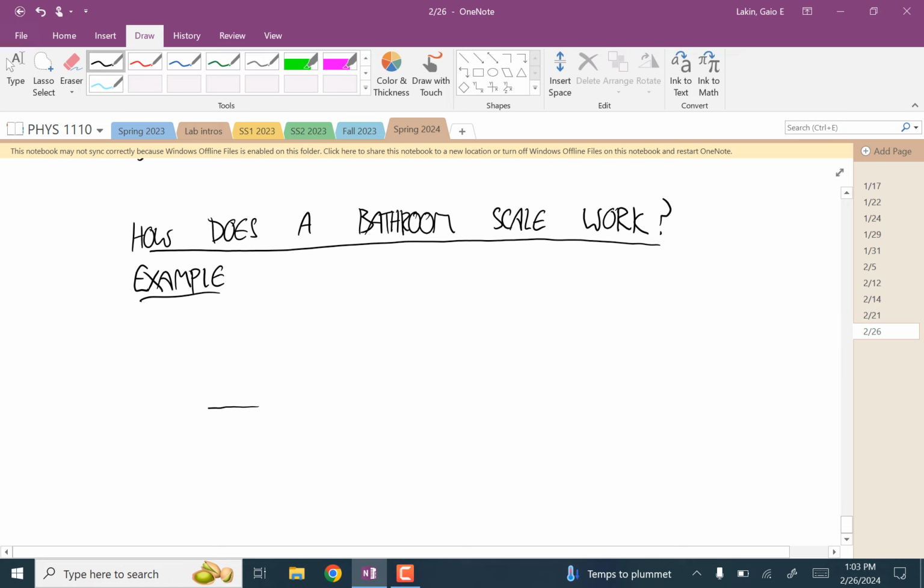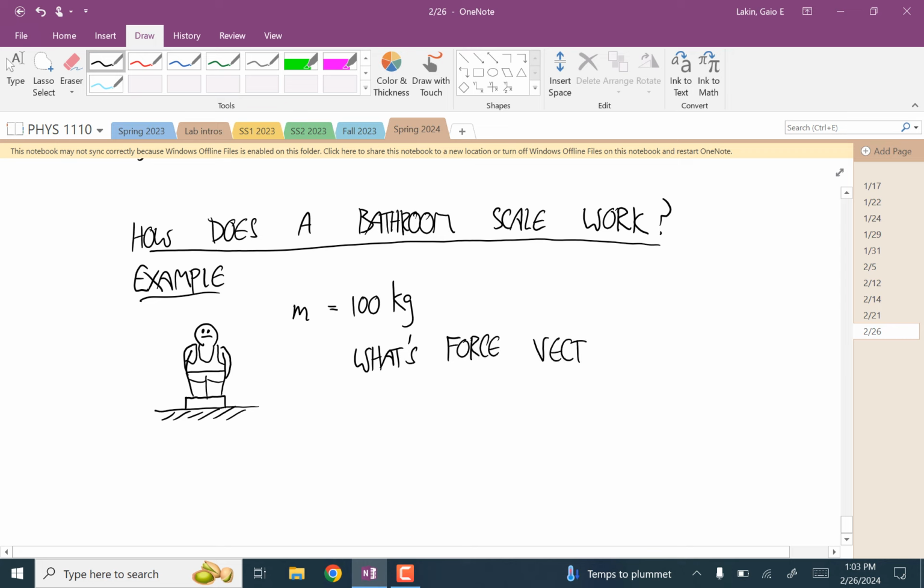Let's say that this person is standing on a scale, and let's say that this person has a mass of 100 kilograms. And we want to know what's the force vector applied to the man by the scale.